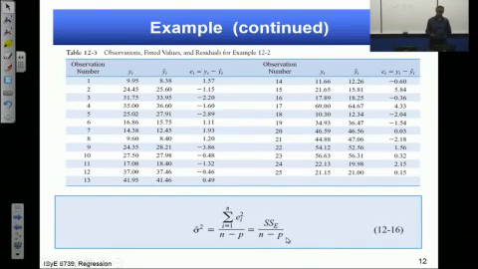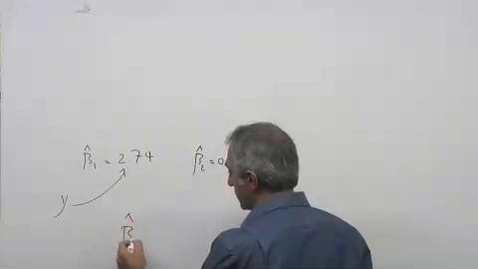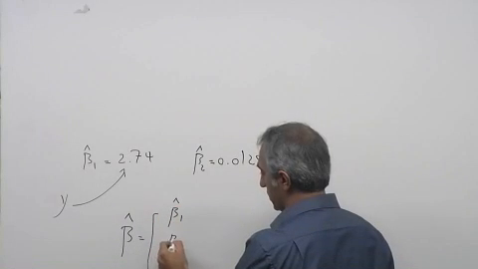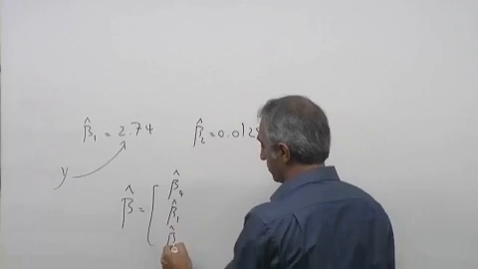So in this example, p is what? 3. 1 for intercept, 2 for variables. So we have 3 coefficients to estimate. And so now the question is, let's say you have a vector of estimated coefficients, which is, in this example, beta 0, beta 1, and beta 2.